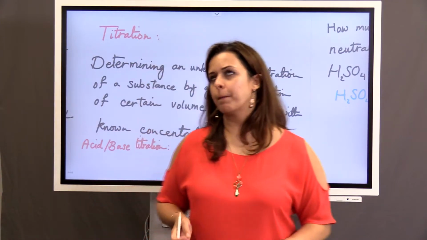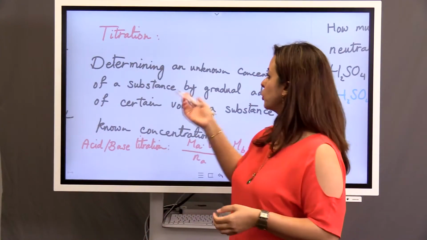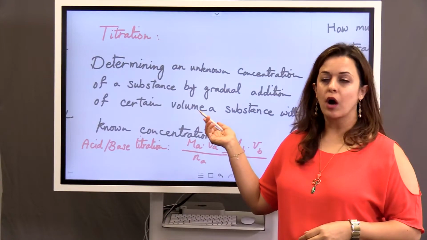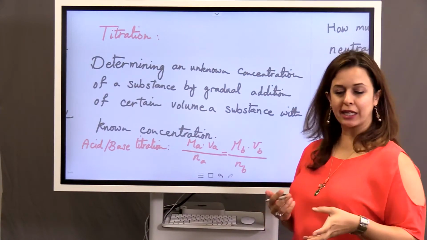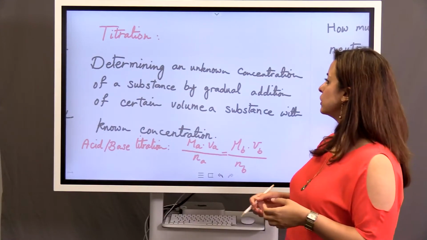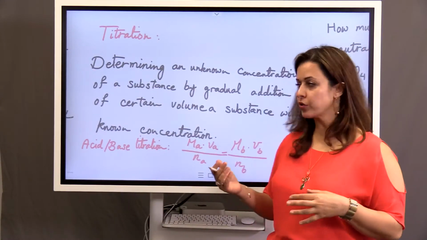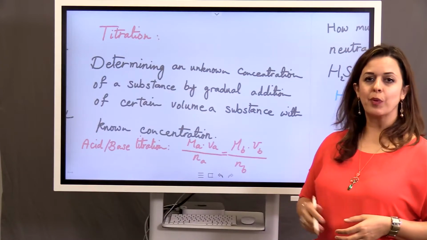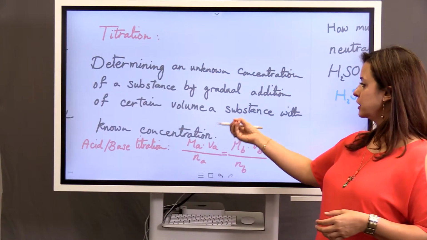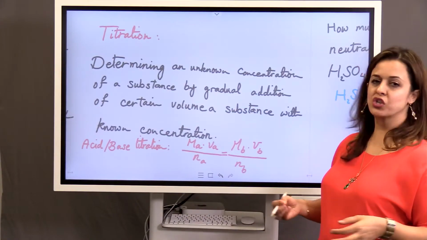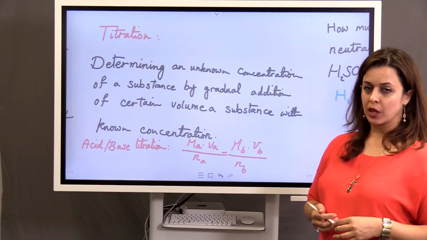Another topic or area where you can use the concept of molarity is titrations. Titration is a technique, a method to determine an unknown concentration of a substance by gradually adding a certain volume of another substance which has a known concentration.